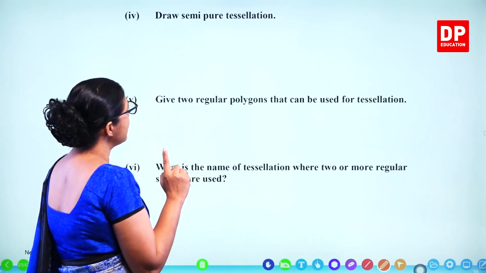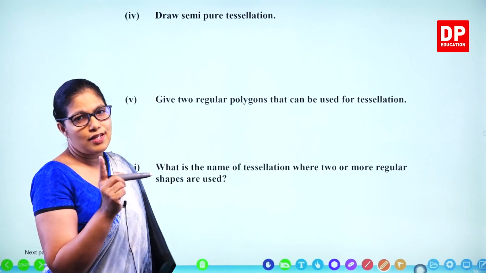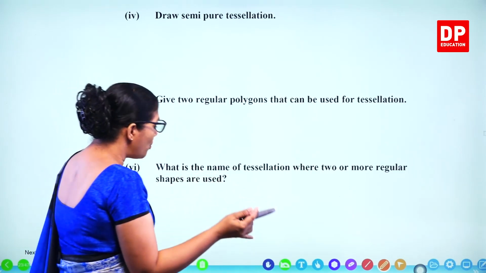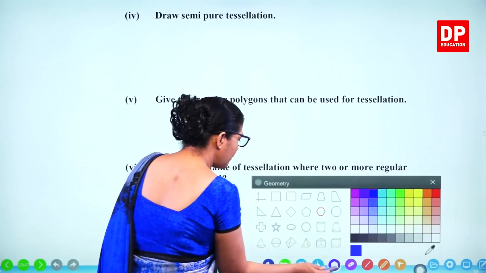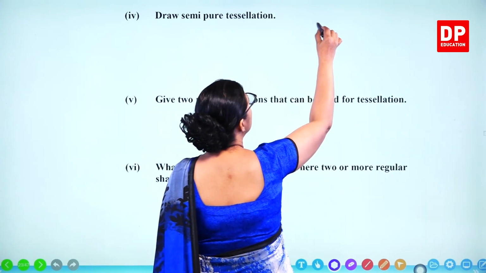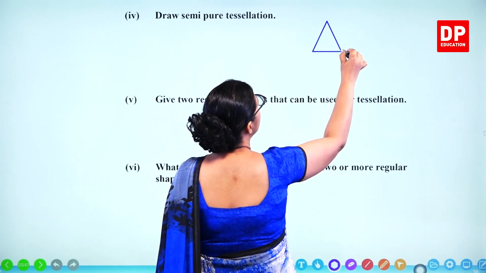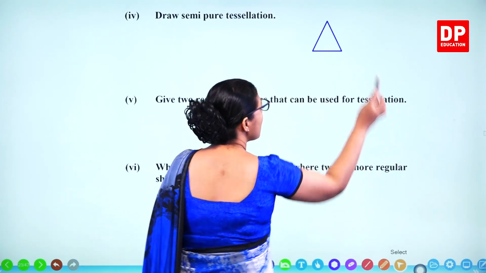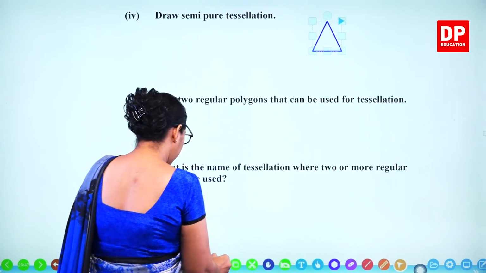Draw semi-pure tessellation. So you can use 2 or more shapes. So we'll take triangles. So I'll take triangles there.